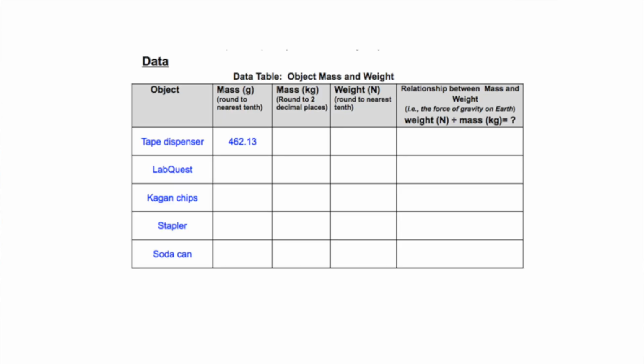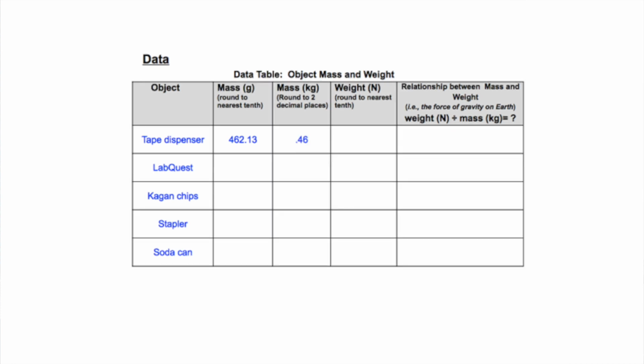That number goes in the mass in grams column. To convert mass in grams to kilograms, we use the mnemonic, King Henry died by drinking chocolate milk, and figure out the decimal needs to be moved 3 places to the left. The column heading tells us to round to 2 decimal places.